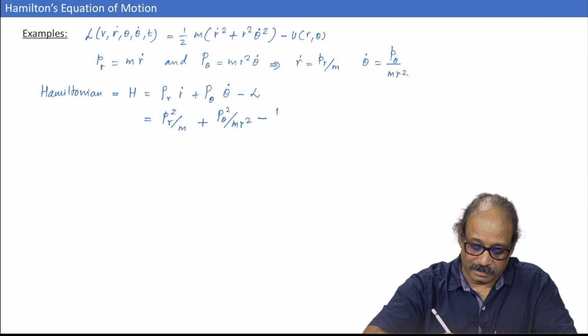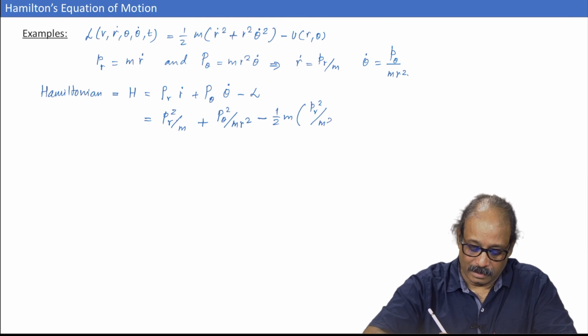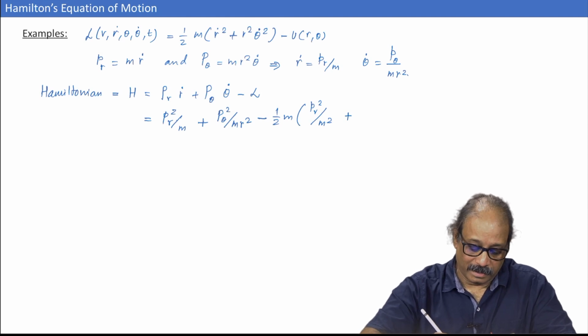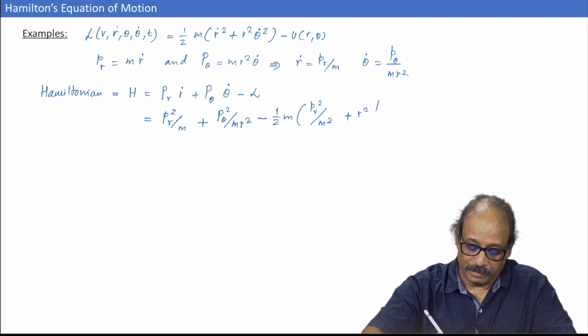Now, this is half m, r dot is nothing but p_r square divided by m square, plus r square theta dot square, so that would be p_theta square divided by m square r to the power 4, plus u of r comma theta.